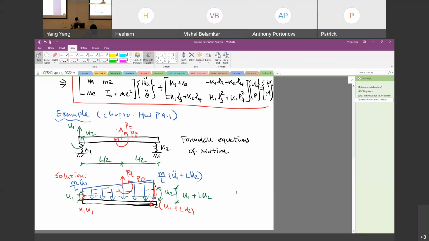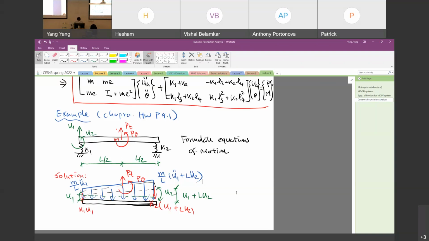So anyway, we have the free body diagram. Based on the free body diagram, we should be able to use the dynamic equations to formulate the equations of motion, right? So we will have two equations. The first equation is for vertical forces, the second equation is for moments.